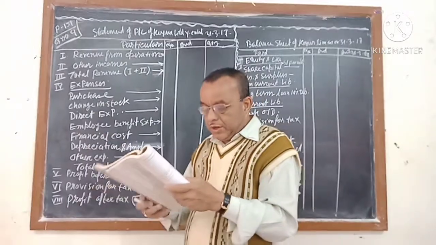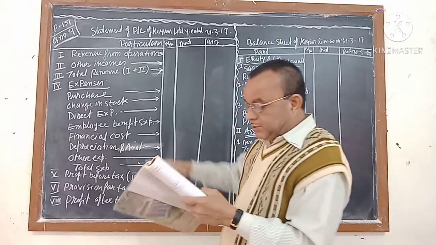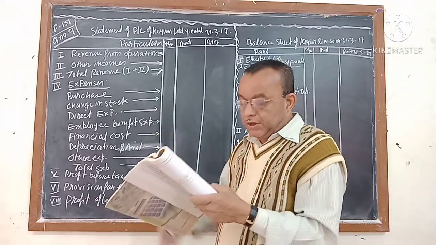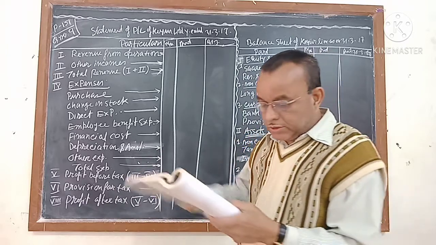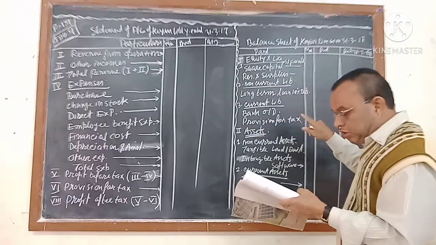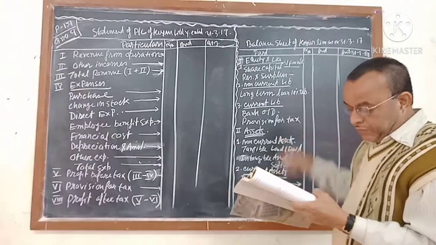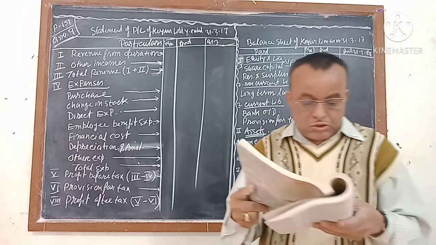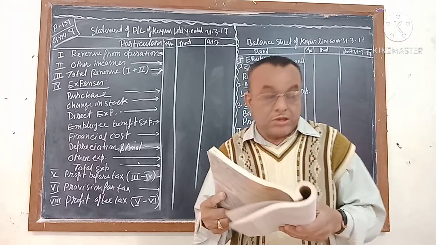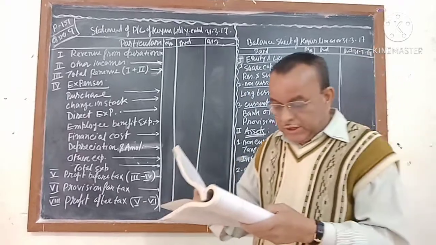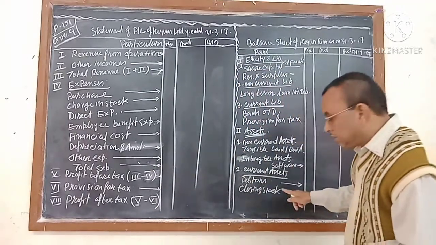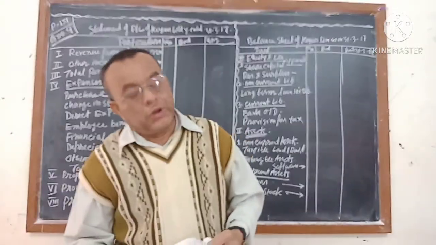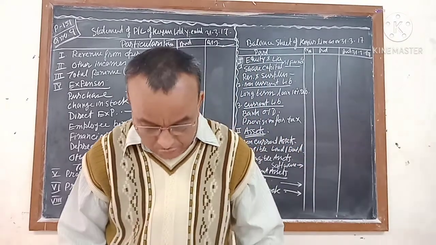Debenture interest is a financial expense. Salary is employee benefit expense. Bank overdraft is financial expense. Land and building is your fixed asset. Opening stock you have already seen here; opening stock minus closing stock gives the change in stock. Discount receipts are other income, and debtors are there too. So you write the amount against whichever head it goes to, and your question will be solved.